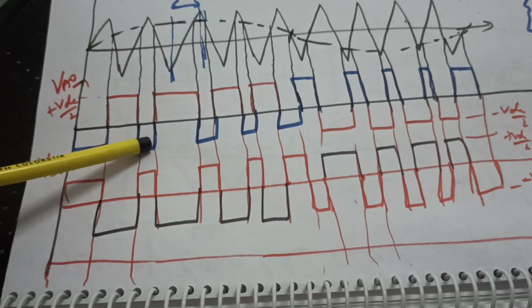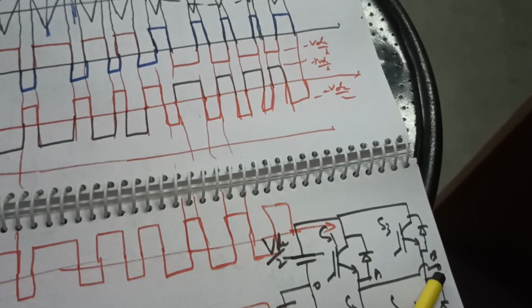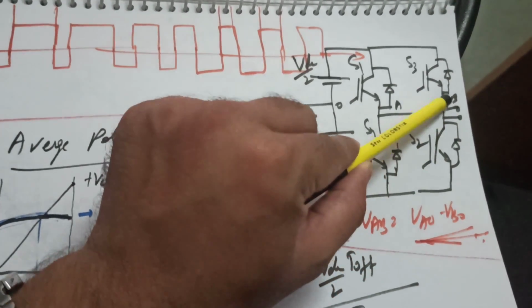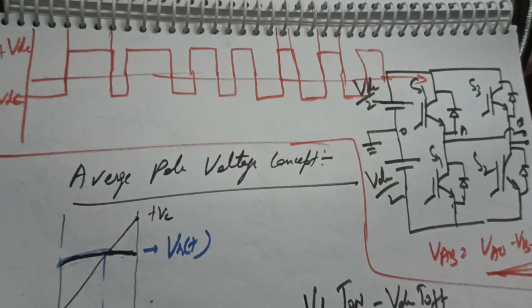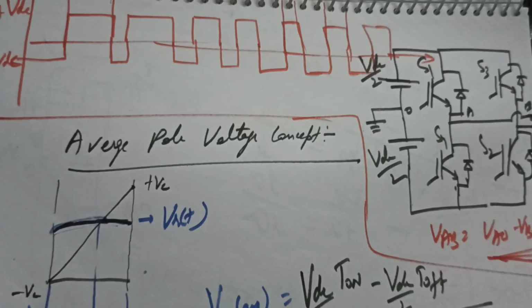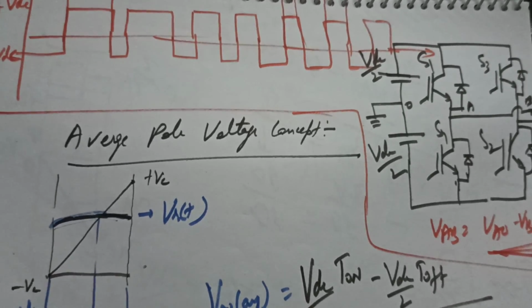This is minus VDC by 2 and this is plus VDC by 2, because now this B terminal will get connected to VDC by 2 via S3. I think these two parts are very much clear, or not? So VAB is nothing but VA0 minus VB0.